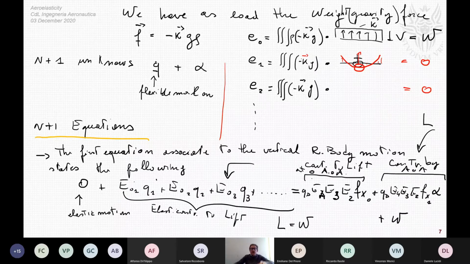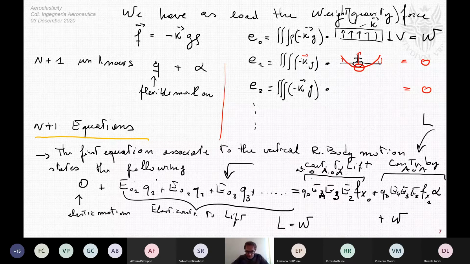Of course, this first kind of trim condition is a very simplified trim condition with only one trim variable, the vertical displacement, which is imposed to be zero. Okay, and therefore we may solve this problem.